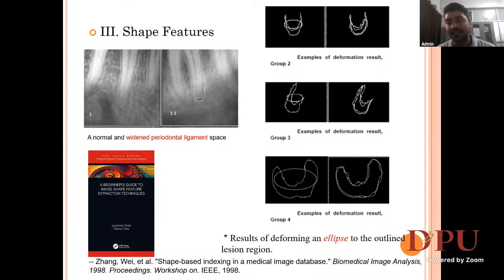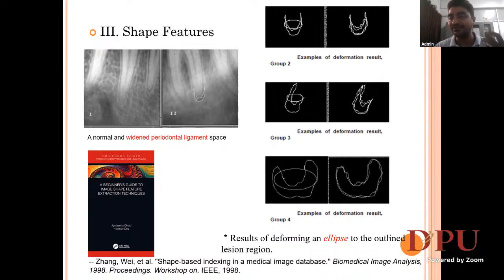That is called the shape feature, by which, in CADx, the quantitative one, we try to quantify the size or the shape of a particular lesion, tumor, wound, or maybe inflammation. So there are three typical features: the color feature, the texture feature, and the shape-based feature.